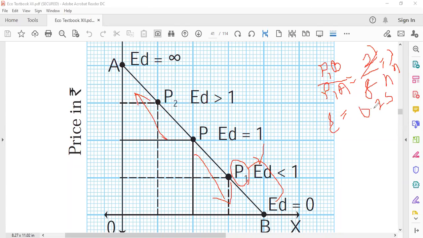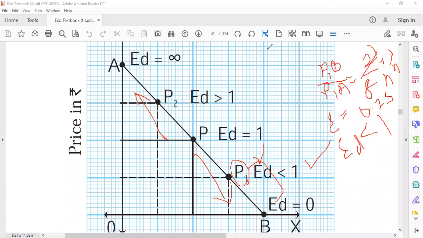1/4 means 0.25. Now here in this case, 0.25 means more than 1 or less than 1? Here in this case 0.25 is less than 1. So here we get the elasticity that is less than 1.